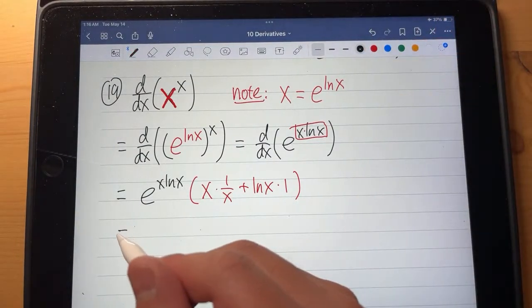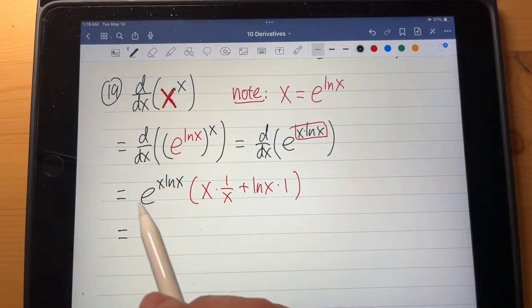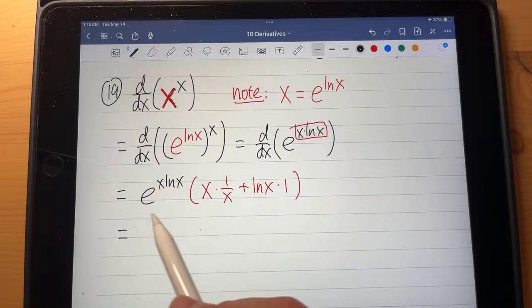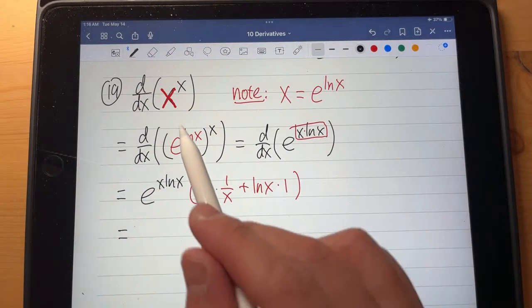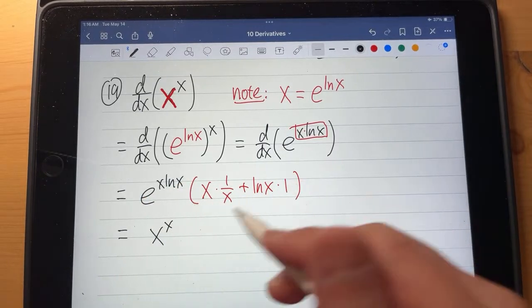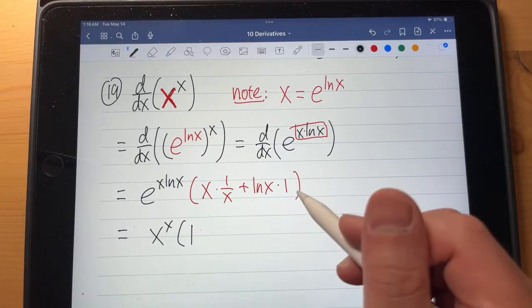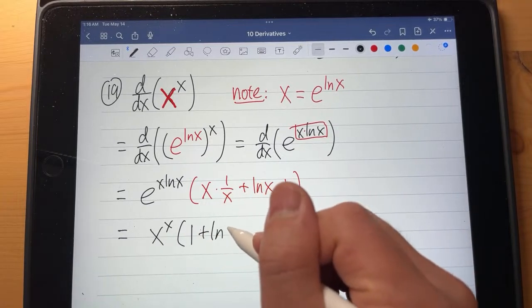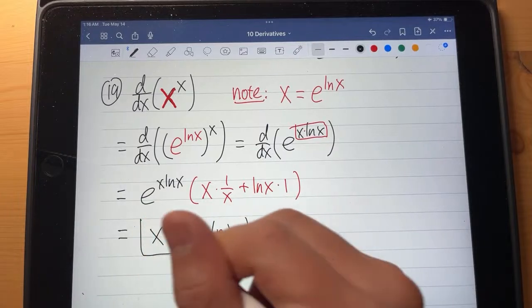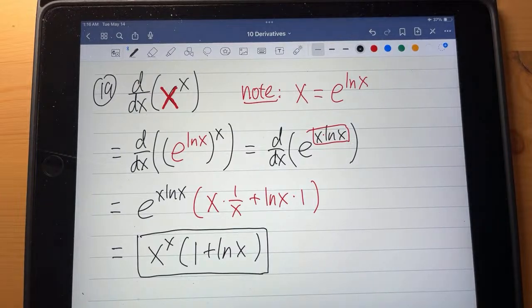Now, what is e to the x ln x? What's this part? This right here is just x to the x power. And then this right here, x times 1 over x is 1. ln x times 1 is just ln x. So we are done. I'll pause this right here for you guys.